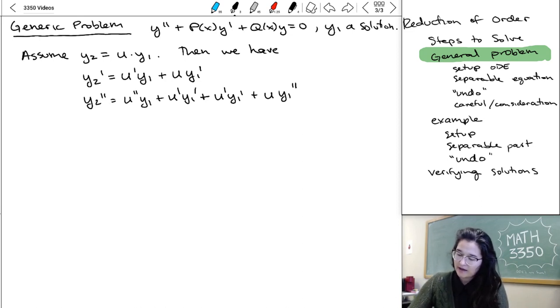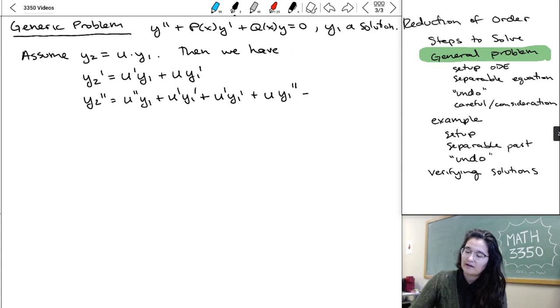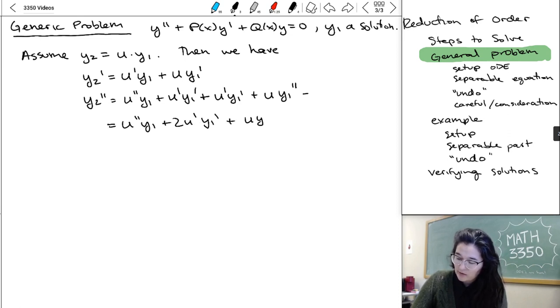And we can combine like terms here in the middle: u double prime y1, and then these two in the middle, u prime y1 prime, are the same, so it's just 2. I'm sorry, I think it's going to be crunched there, so I'm just writing it on the next line. You don't have to erase if you got started already. But it's 2u prime y1 prime, plus that last term, u y1 double prime. So that's y2, y2 prime, and y2 double prime.